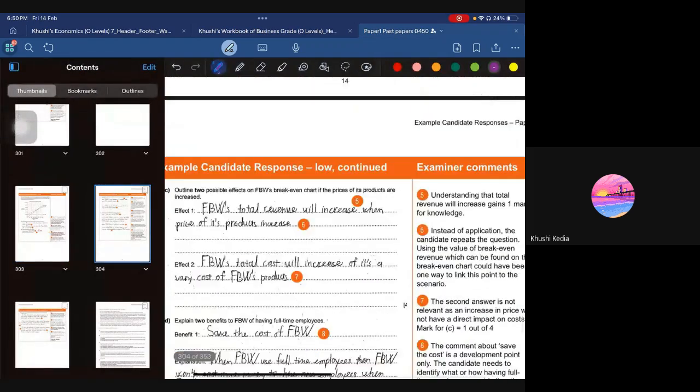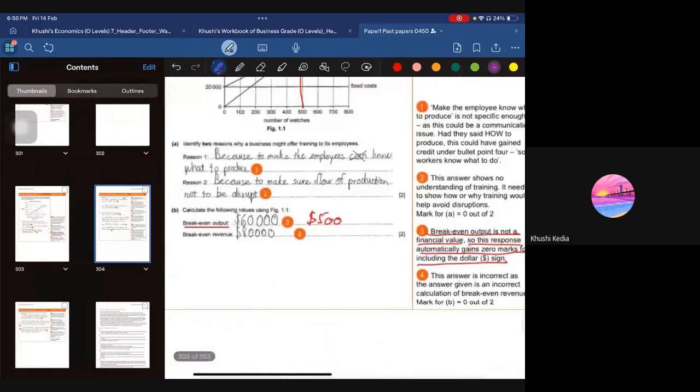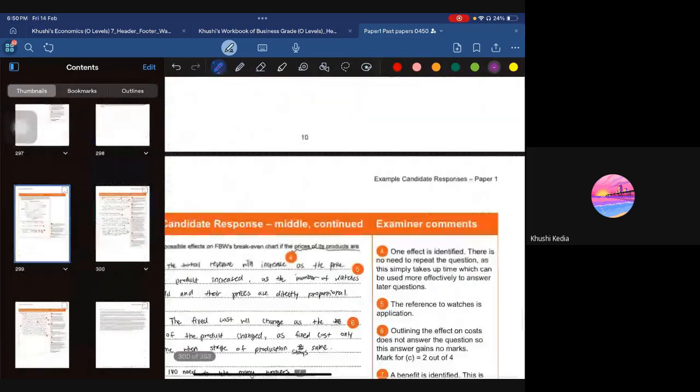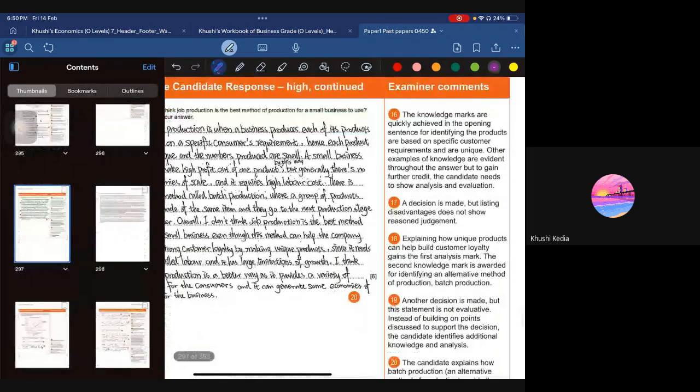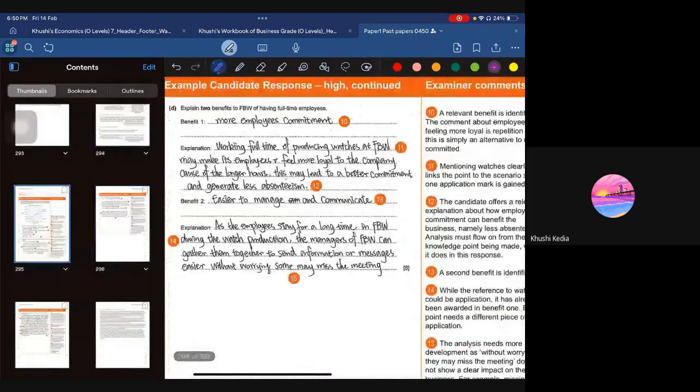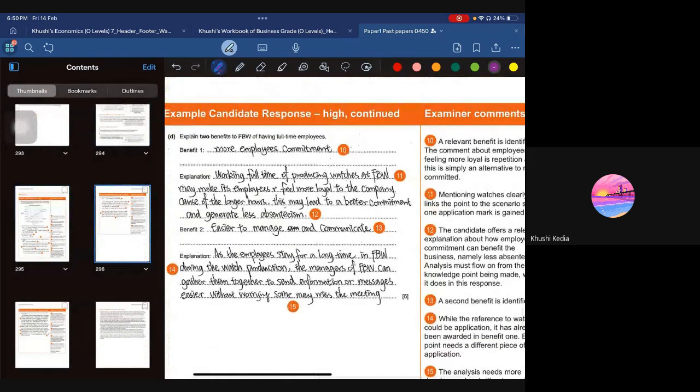Let's suppose I show you. If you look at the high answers, let's say we have this high answer, D part. Now, she has used all the lines because she was explaining it. A good analysis requires a bit of explanation.